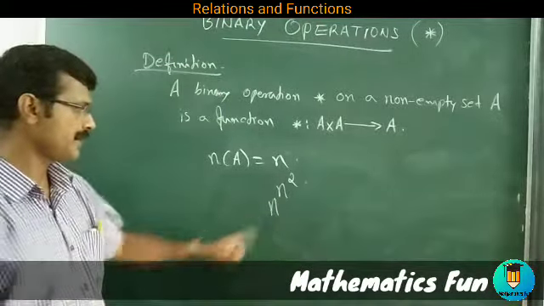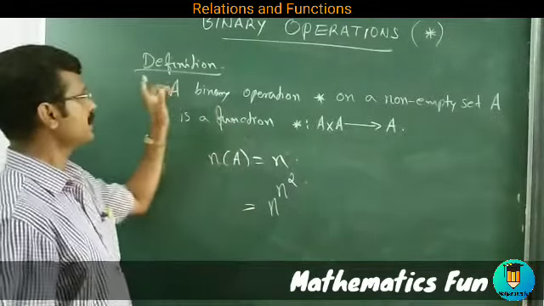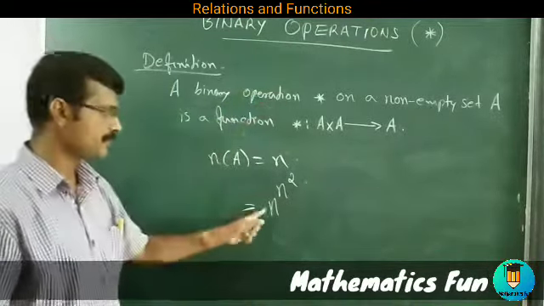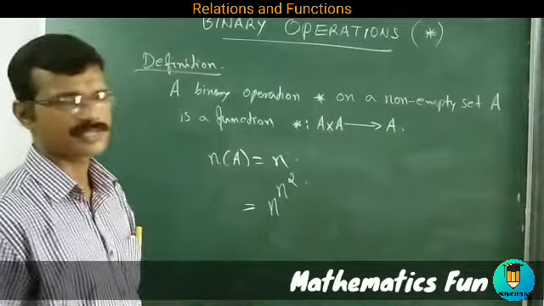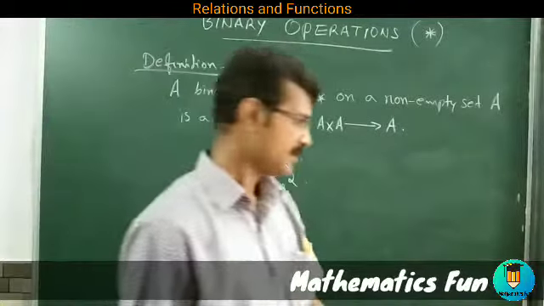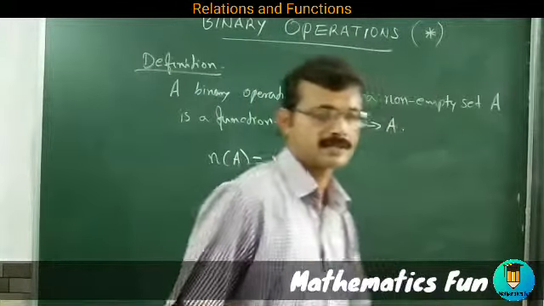This is the number of binary operations. Actually, you studied this in the cross product part, so this result you also need in this exercise.